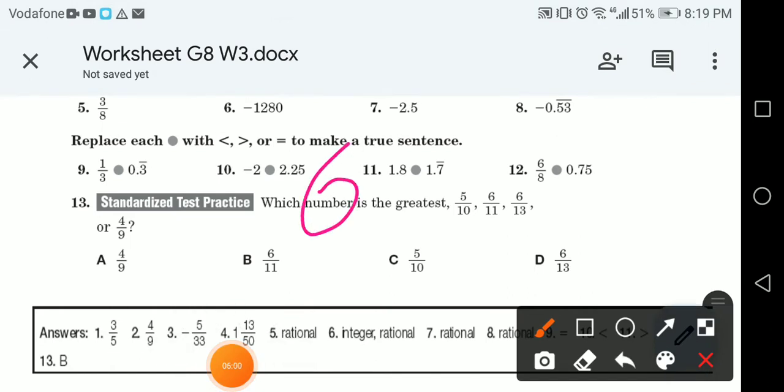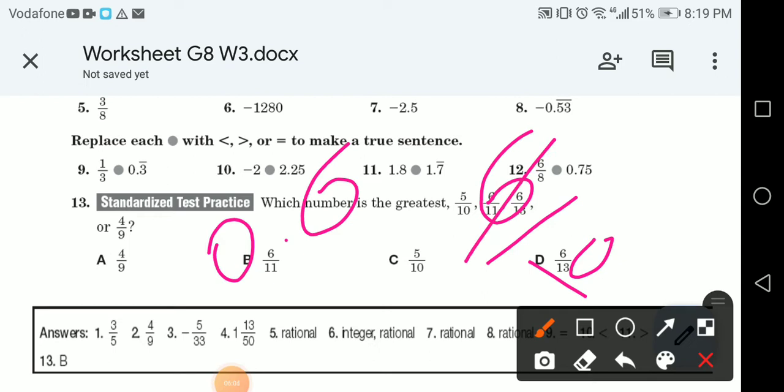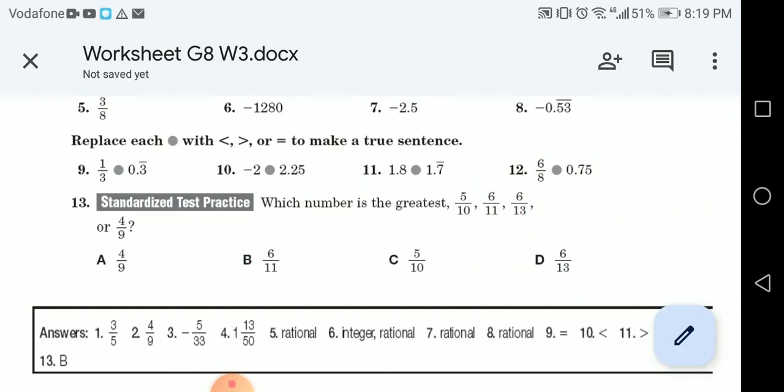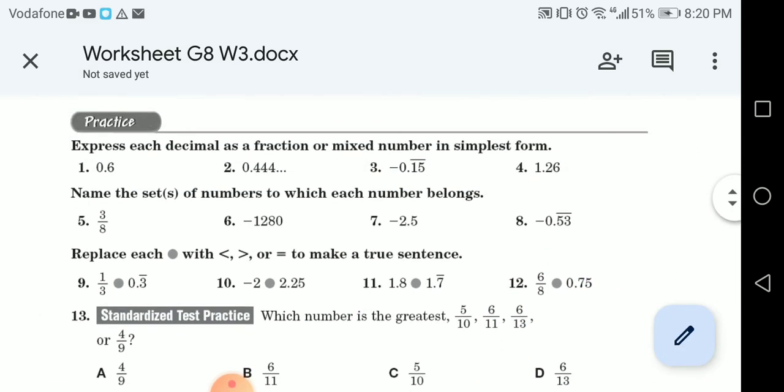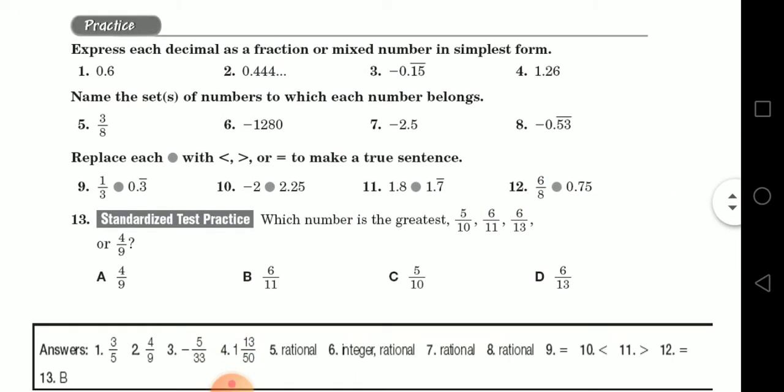I'm talking about 6 over 10, right? What about if I simplify? Simplify means divide. To put it in the simplest form, divide both by 2. So it will give you 3 over 5. Excellent.